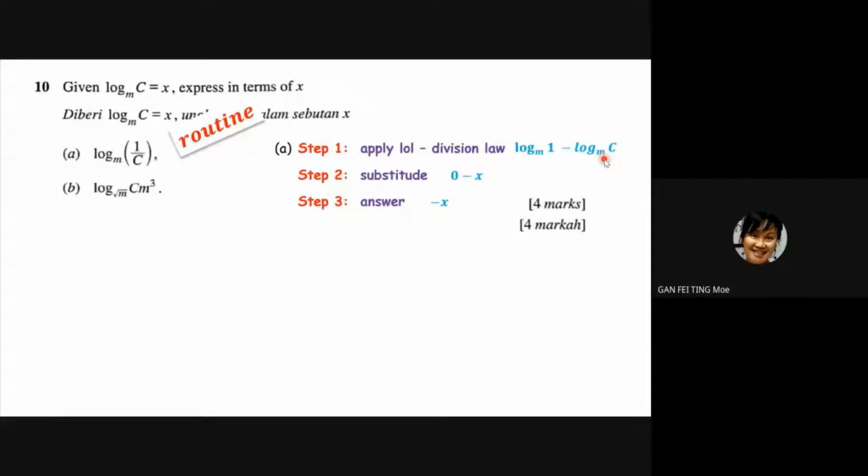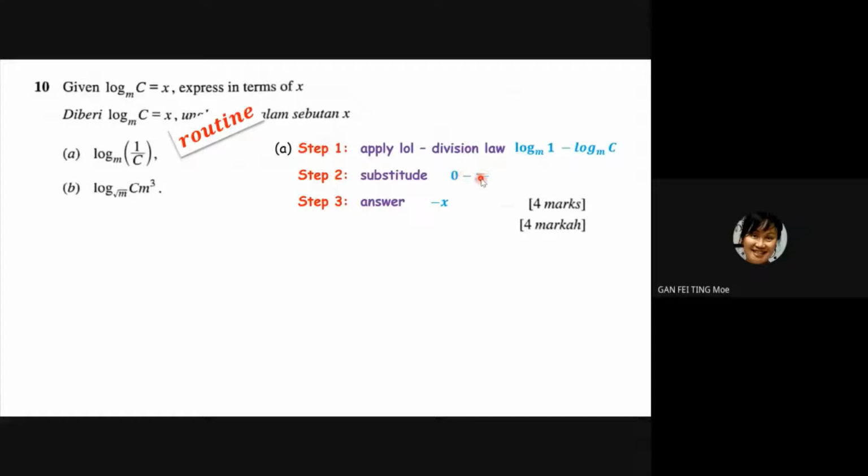Senang sahaja. So di sini please highlight this question. Take note. What is the law that you need to apply? Law of logarithm. Which one? Division law. This one you dah pandai apply law, tapi kat sini tak cukup lagi. Then you mesti tahu bahawa log base M of 1 is equals to 0.